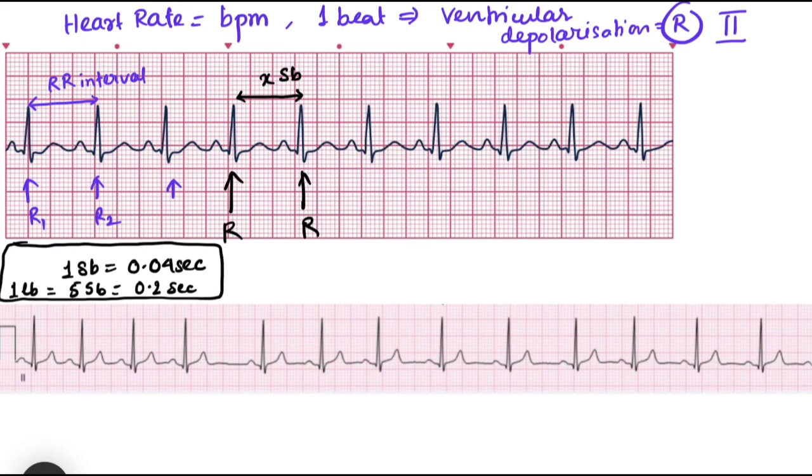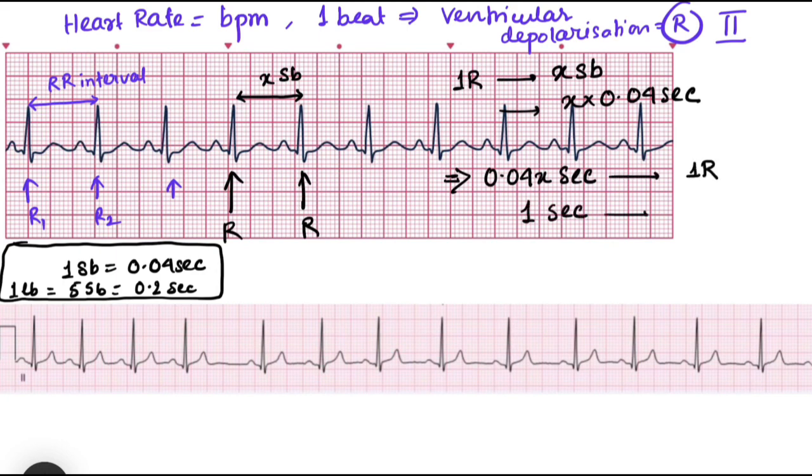Now we can say that one R wave comes after every X small boxes. That means one R wave comes after every X into 0.04 second. Or we can reverse this and say that 0.04 X seconds contain one R wave, so 1 second contains 1 by 0.04 X R waves.